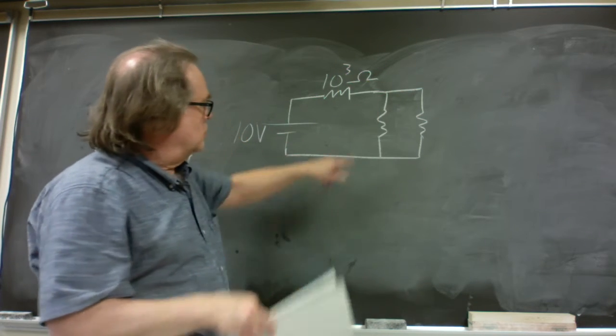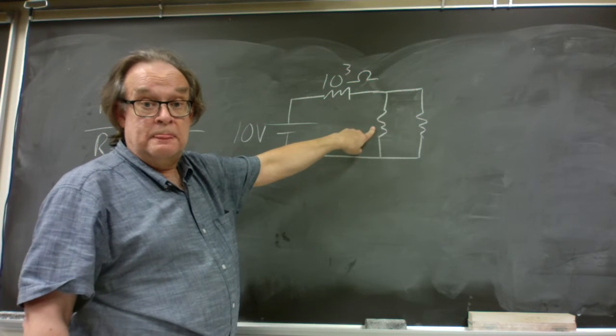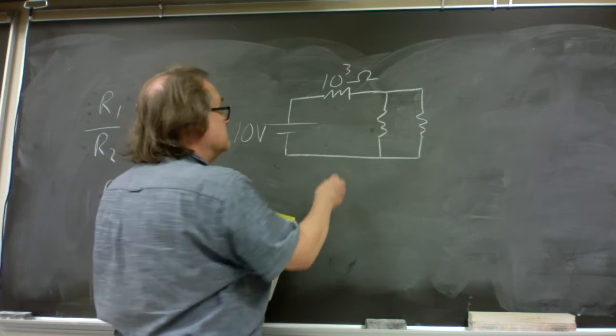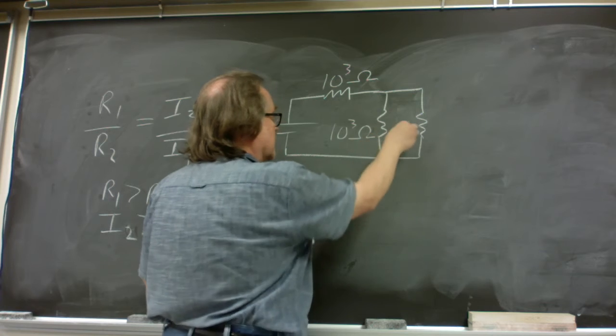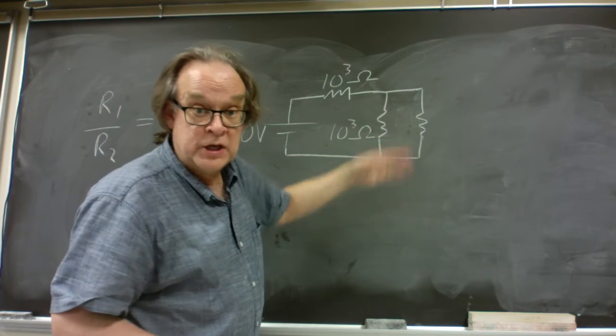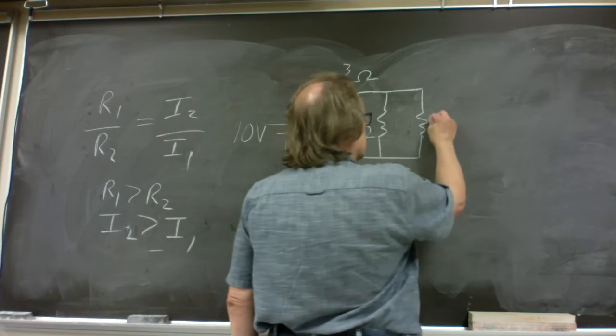And we'll say that the resistance here is just the same, 1,000 ohms, 10 to the 3 ohms, 1 kilo ohm. And this one, twice as large, 2 times 10 to the 3, 2,000 ohms, 2 kilo ohms.